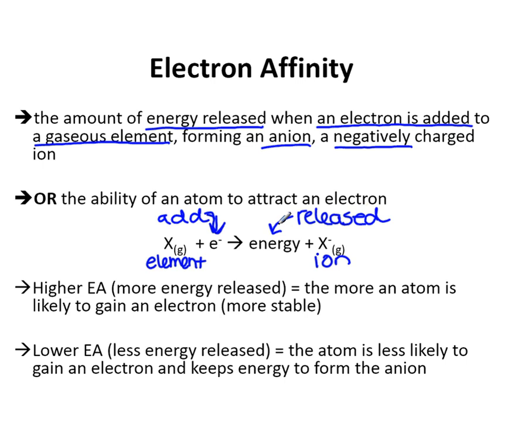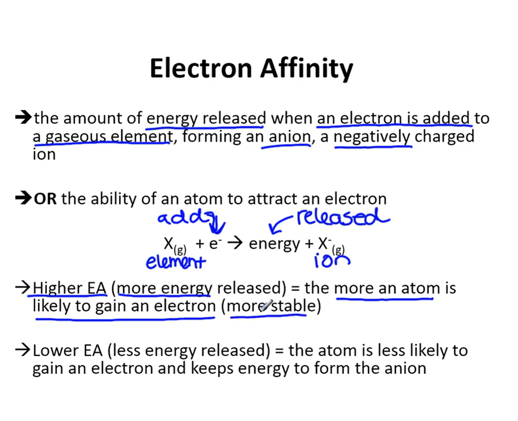So we're trying to look at this amount of energy here, and this is where it can be a little bit trickier to understand. If you're looking at the energy here, if it's a higher amount of electron affinity, meaning more energy released, it means the atom is more likely to gain the electron. It means it's more stable.